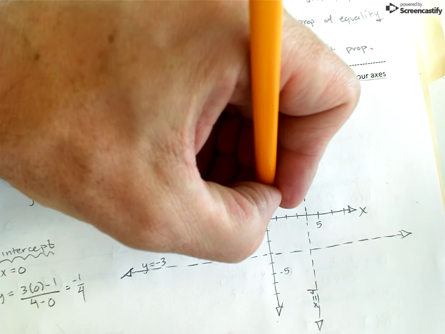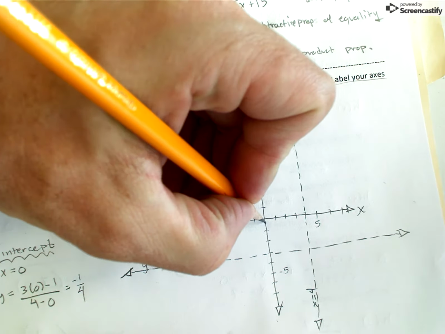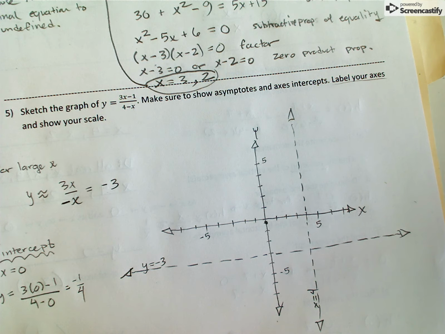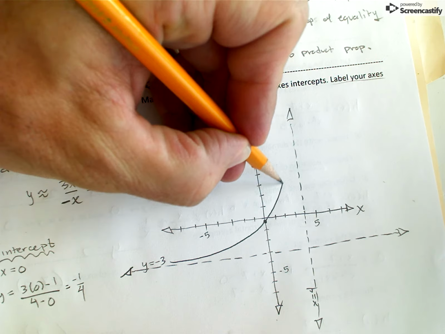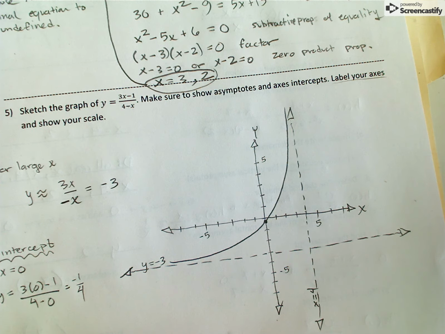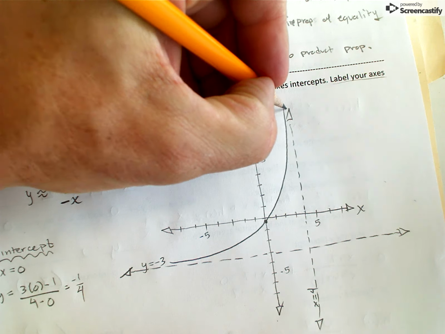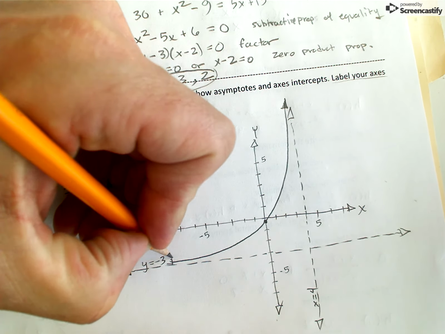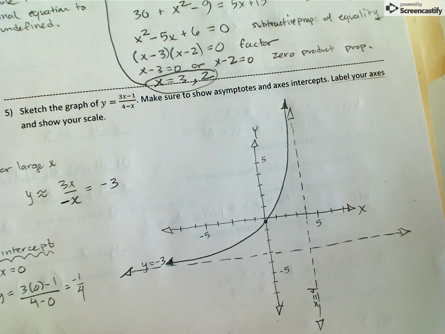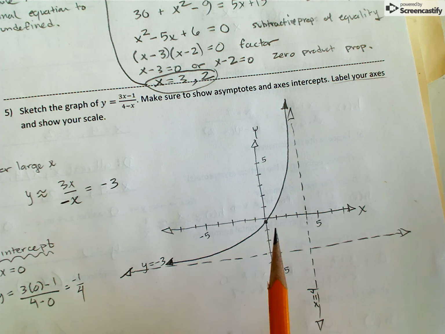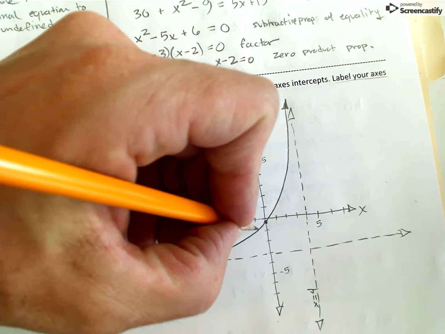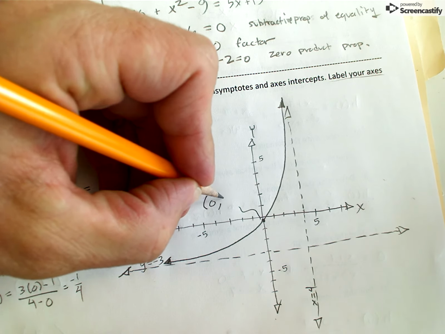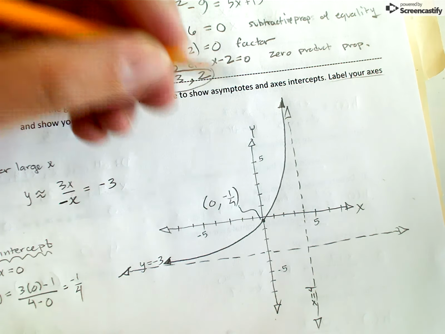So when x is equal to 0, y is negative 1/4. That's about right there. All right? And that gives me a pretty nice point to locate the rest of this curve. I'm going to draw that curve and just show it approaching these asymptotes there and there. And that informs maybe an x-intercept also. Let me just label this 0, negative 1/4.